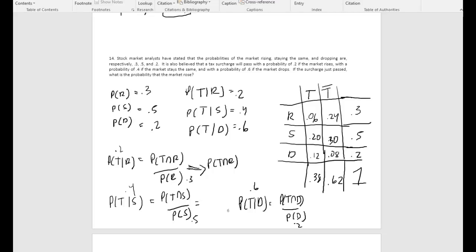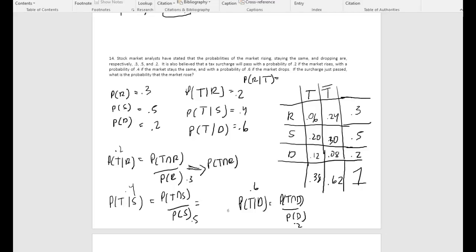All right, so let's just answer the question then. If the surcharge passed, what is the probability that the market rose? So let's see what this is saying. Given, remember if is given, that the surcharge passed, what is the probability that the market rose? So the probability is given that the surcharge passed, so given T, probability that it rose.